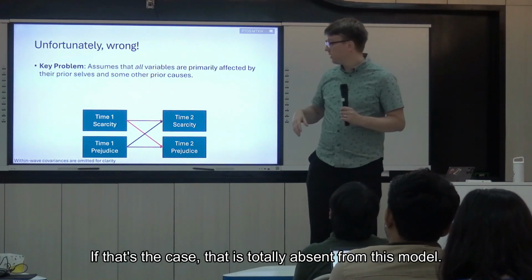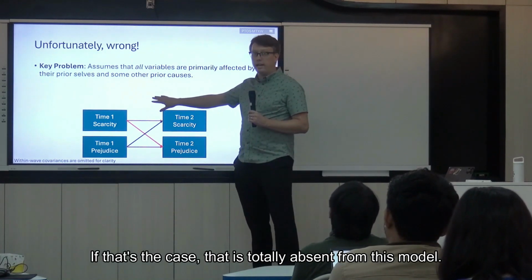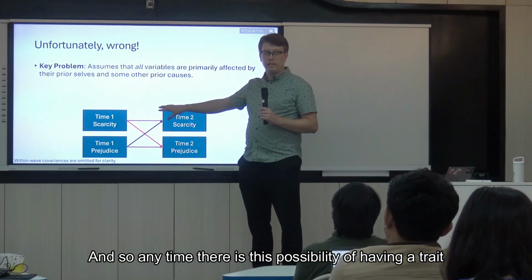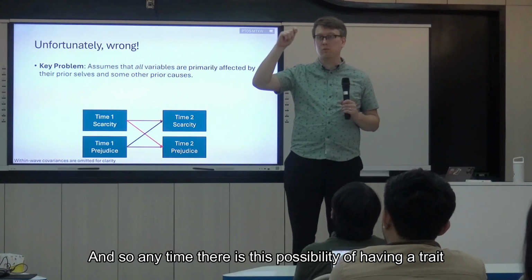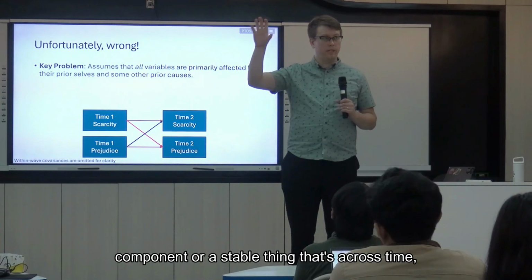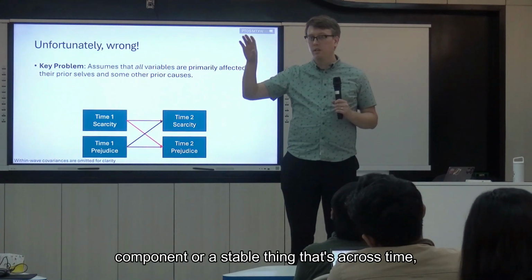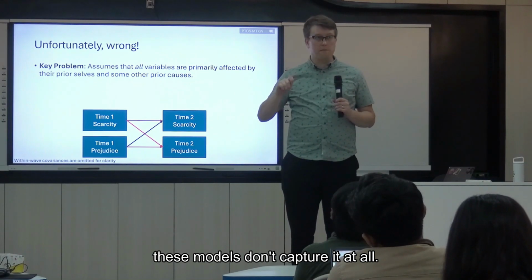If that's the case, that is totally absent from this model. And so anytime there is this possibility of having a trait component, or a stable thing across time, these models don't capture it at all.